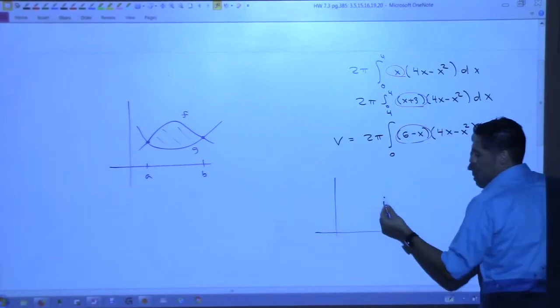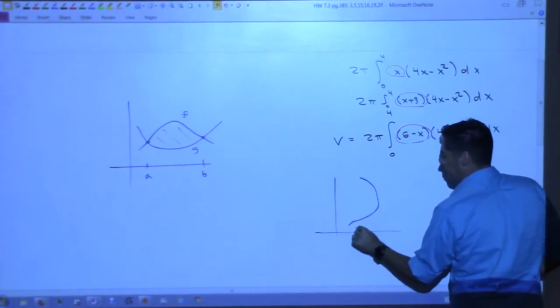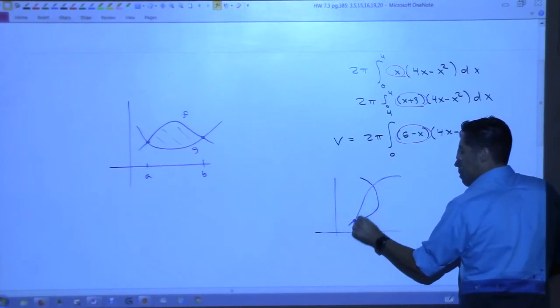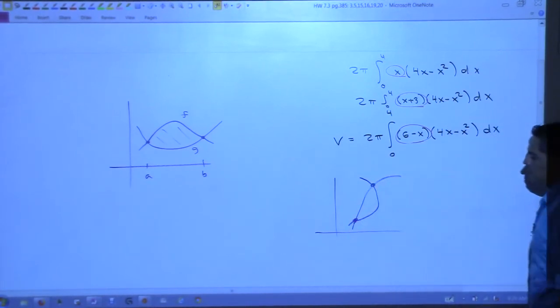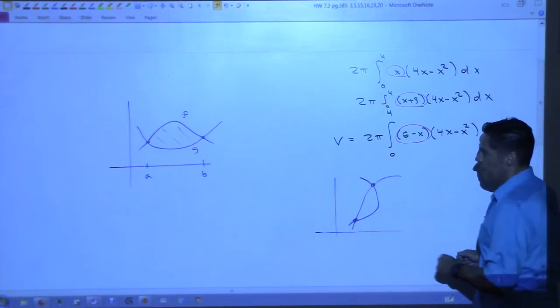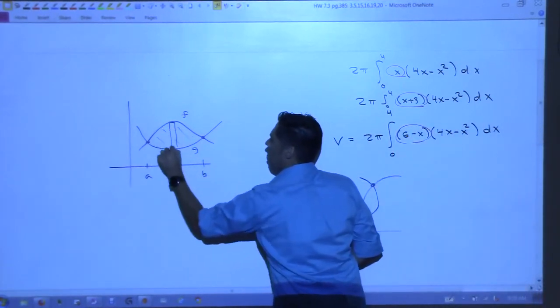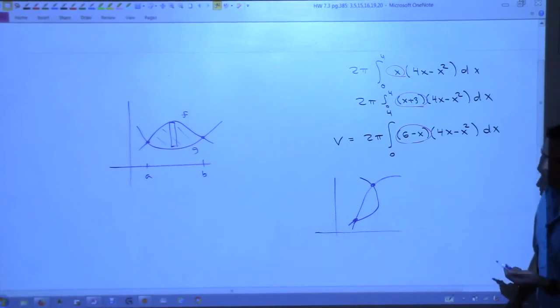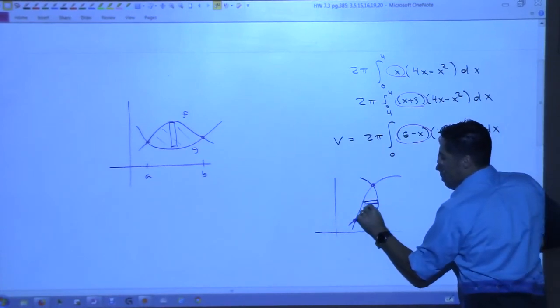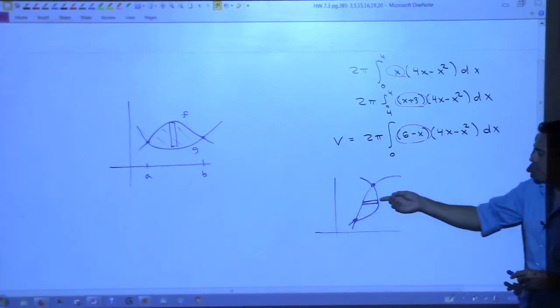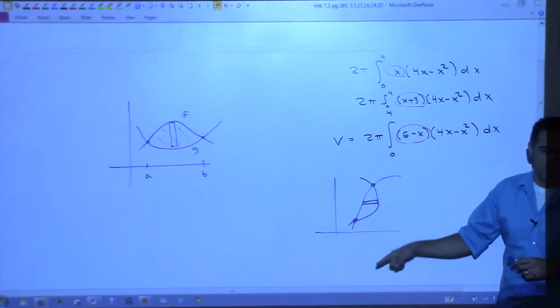Then I'm most likely going to give you something that looks like this. So now, these are not functions of x, right? These are functions of y. And so what you would probably want to do here, I should have done this earlier. Everything I did on that one, my rectangles were like that, right? Here you want this. So if I ask you to go around the x-axis, you're going to use shells, right?